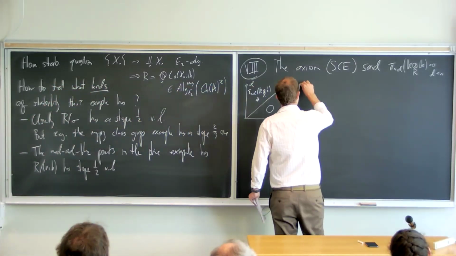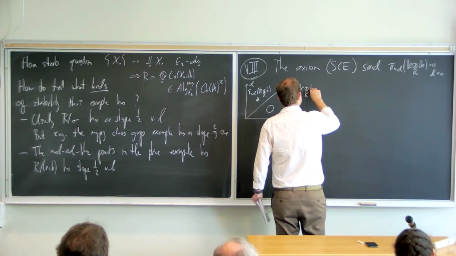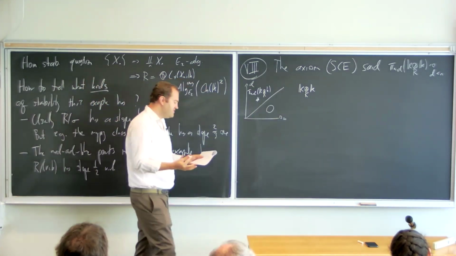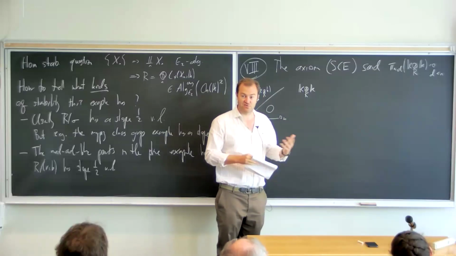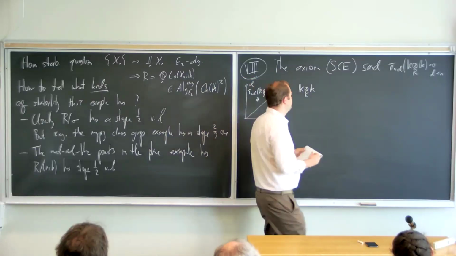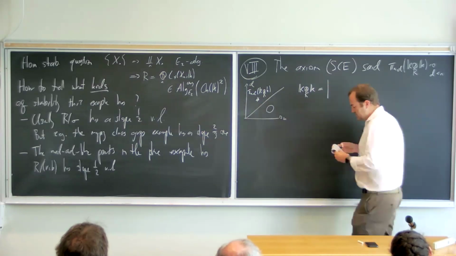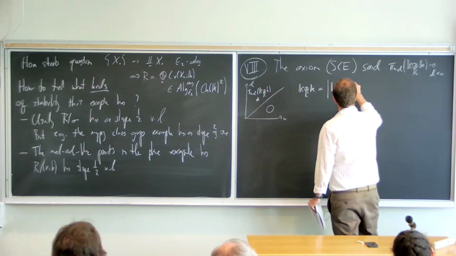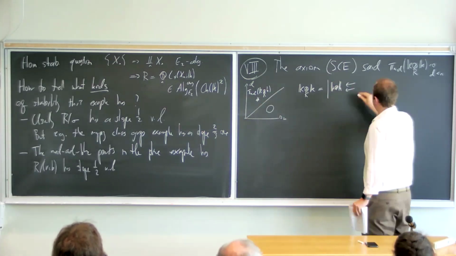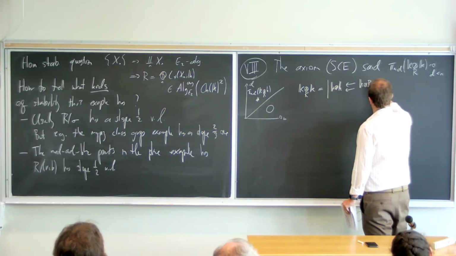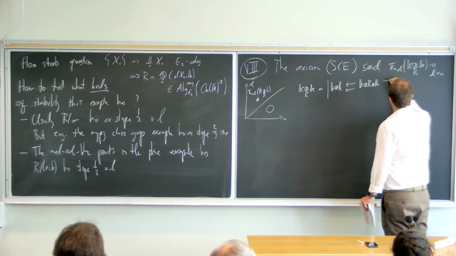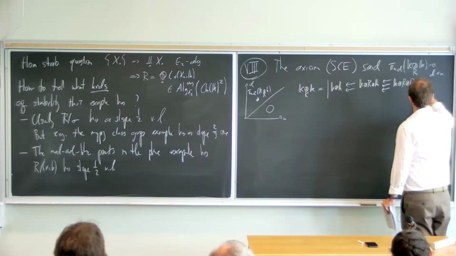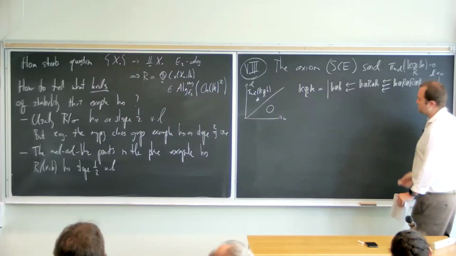And what does this object actually mean? As I said, everything in this business, once we're in the category of R-modules, is automatically and invariably derived. So tensor product really means derived tensor product. In other words, it means the bar construction. So it's the geometric realization of K tensor K. And K is both a left and a right R-module, so it has maps from K tensor R tensor K, and that has three maps from K tensor R tensor R tensor K, and so on.